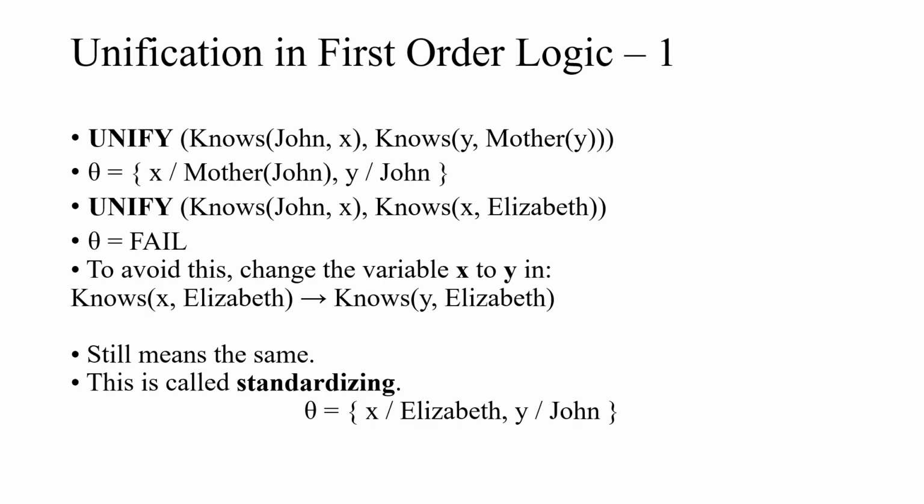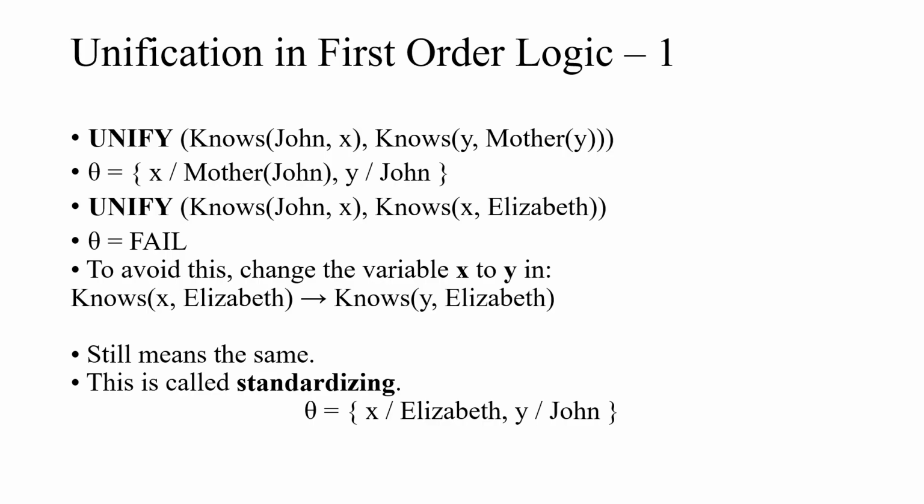To overcome this, we access two kinds of variables, x and then y, because the names are different, and we need to access them with different variables. Then the condition will be standardized, and we will get a good outcome. That's why we can do it with the standardizing process.